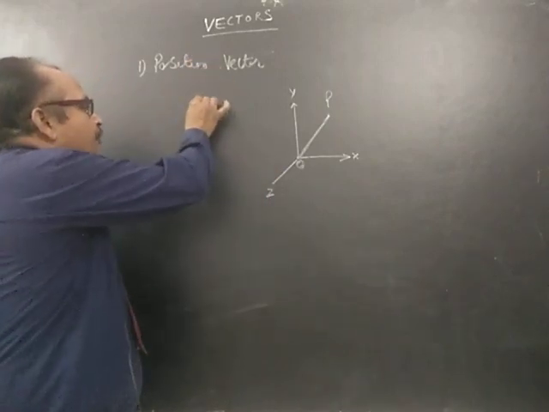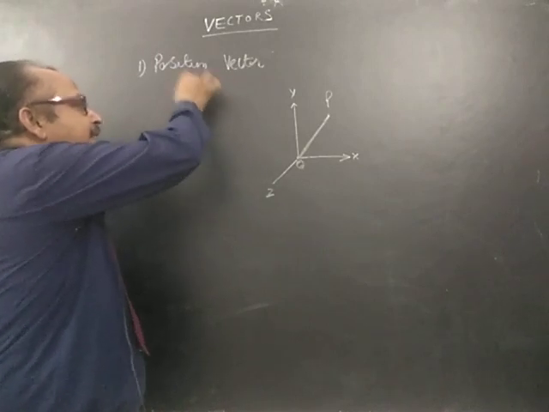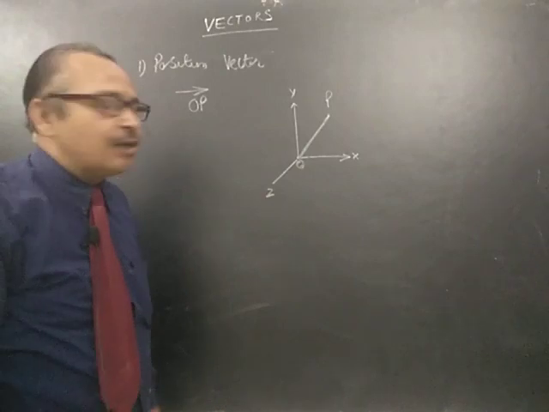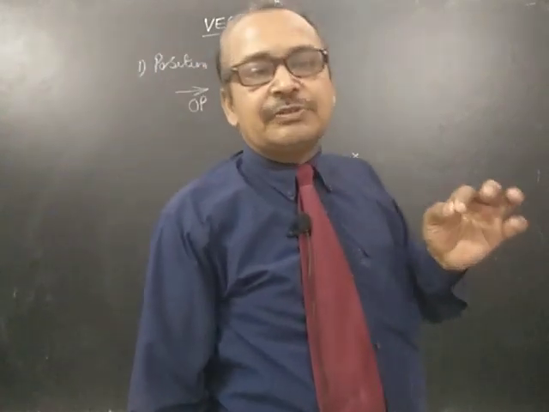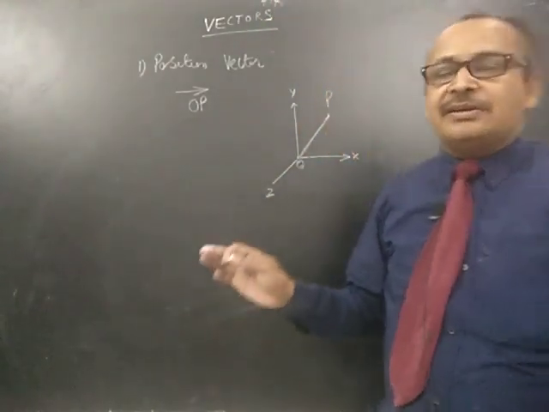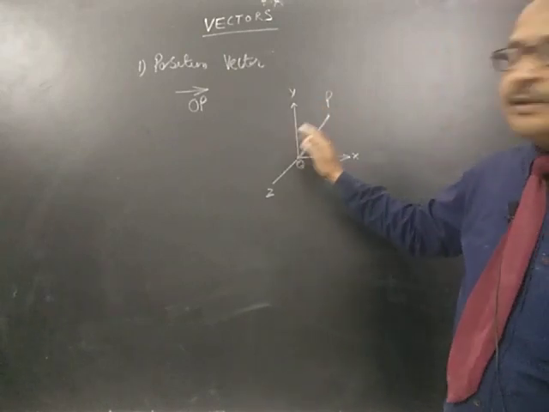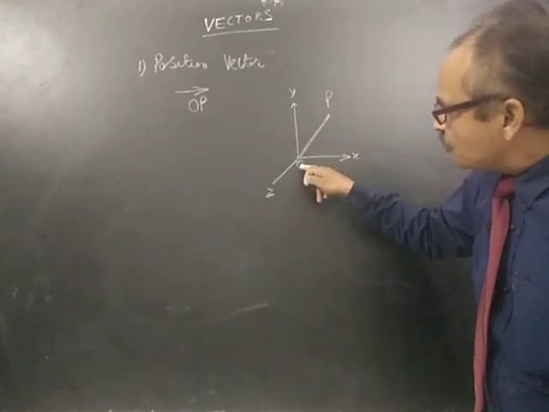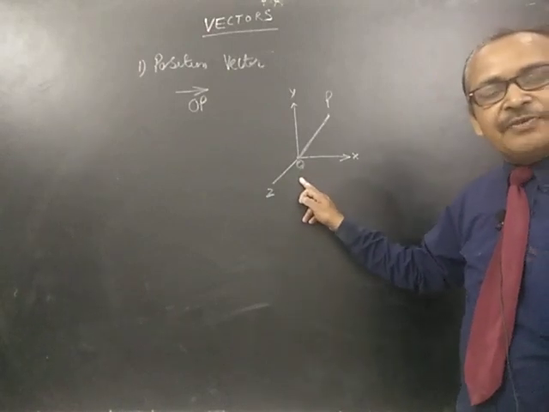The position vector of P will be written as OP with an arrow on top. So this is the definition of position vector. A position vector is that vector which determines the position of a point or an object from the origin. Is it clear, my dear friends?